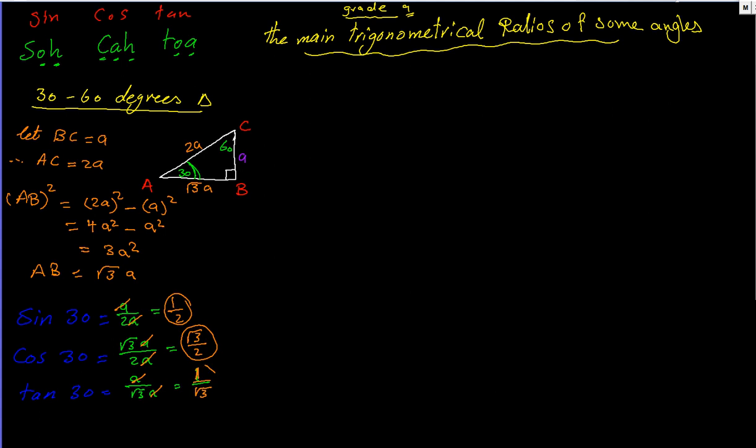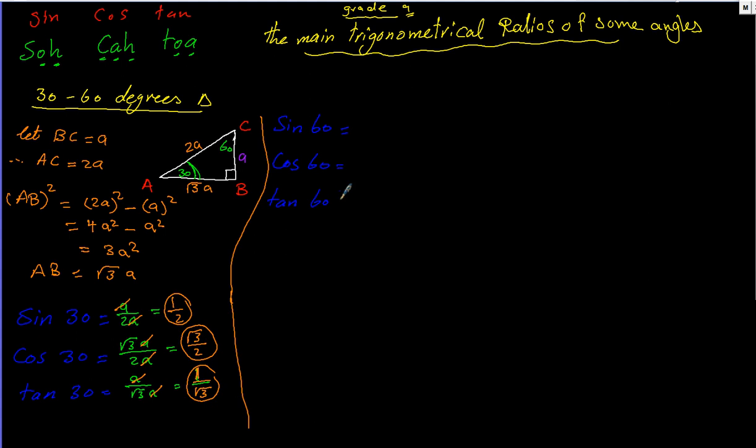Okay. And now we need to find sine, cosine, and tan for the next angle, 60. If we need to find sine 60, cosine 60, and tan 60.